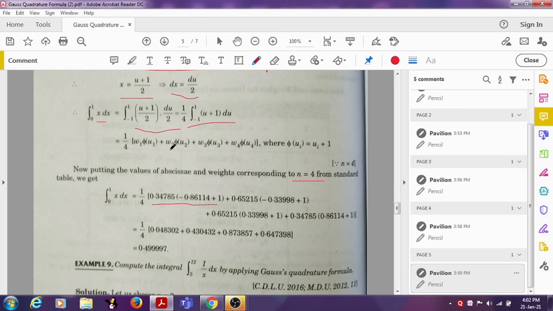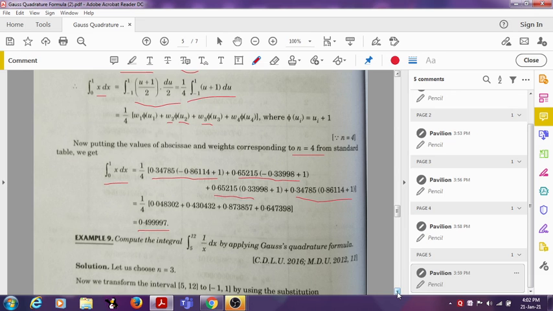Similarly, in the second term, w2 and phi of u2, again the values are taken from the table. w3 phi u3 is our third term, and w4 into phi of u4 is our fourth term. Now simplifying these terms, we get our result as 0.499997.